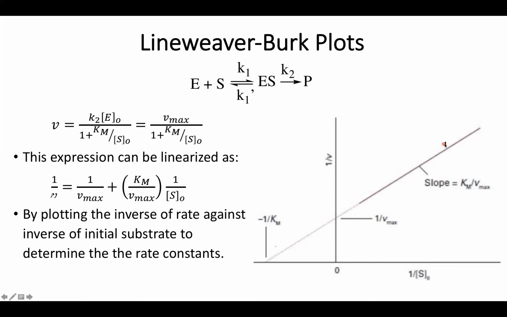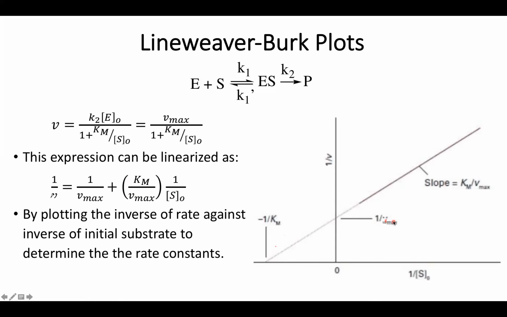So with this linearized form, what we find is the slope is going to give me information as to the Michaelis constant and Vmax. But more importantly, this intercept gives me 1 over Vmax. It gives me the maximum rate of this reaction.